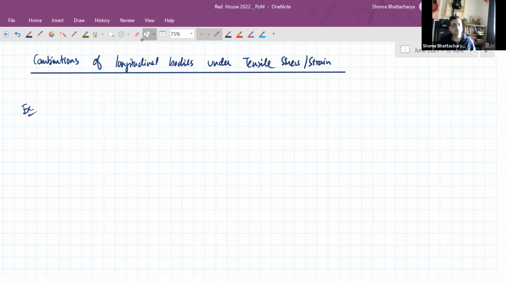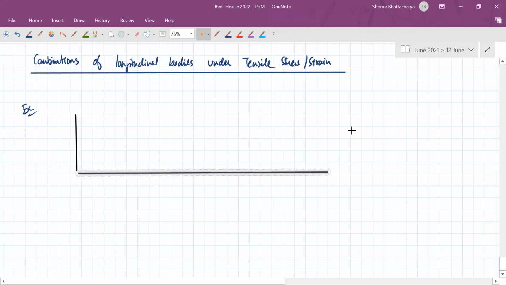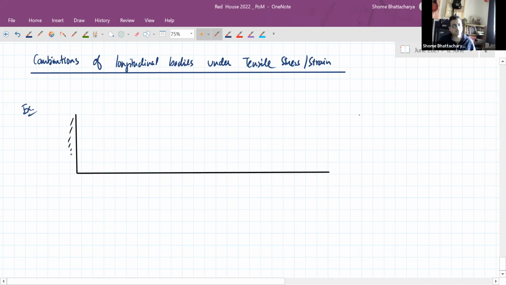So let's say we have a situation like this, where at the corner between a smooth floor and a rigid wall, we have kept, say, two metallic rods end to end, like a series combination basically.